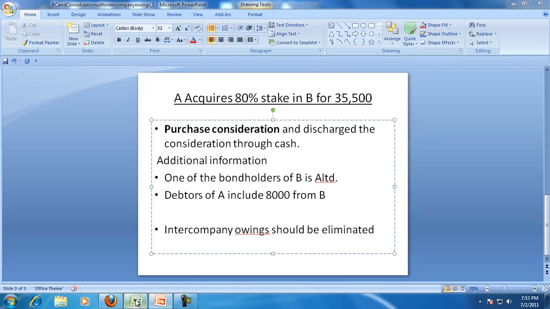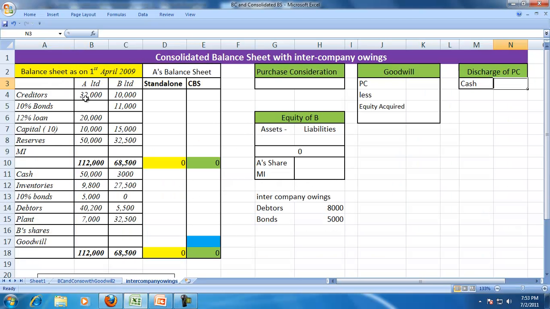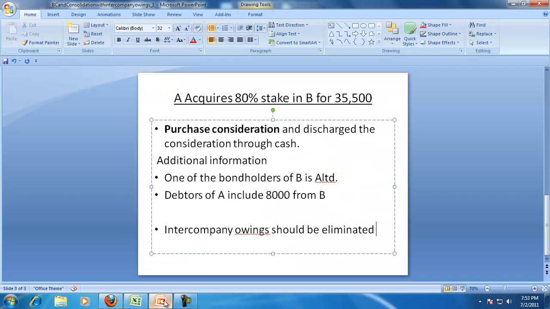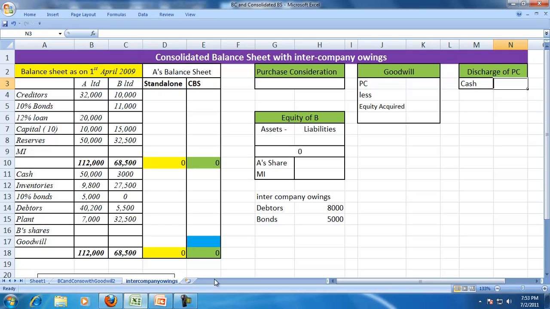So let us go to the Excel and understand that. A acquires an 80% stake, so A's stake is 80% and the minority interest is 20%.